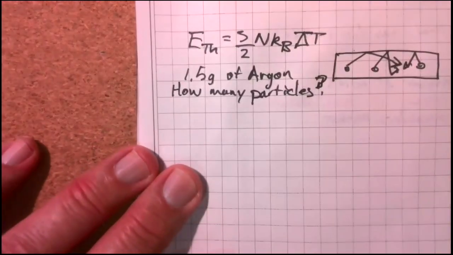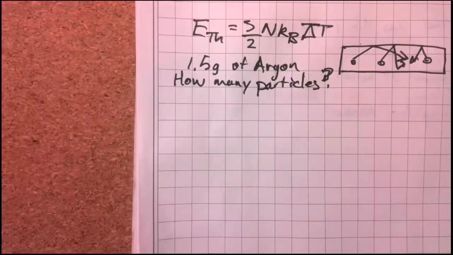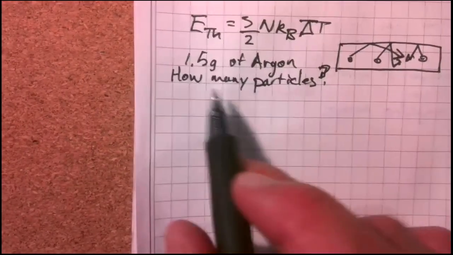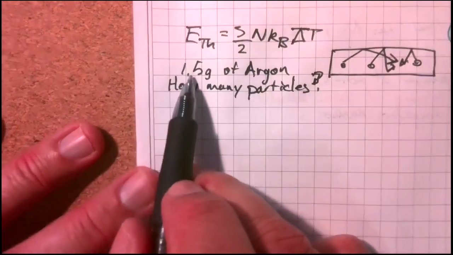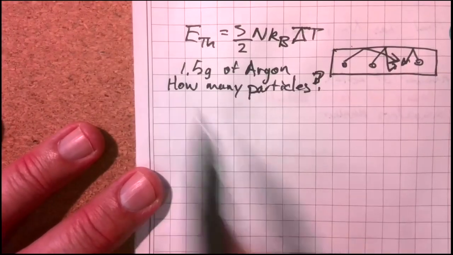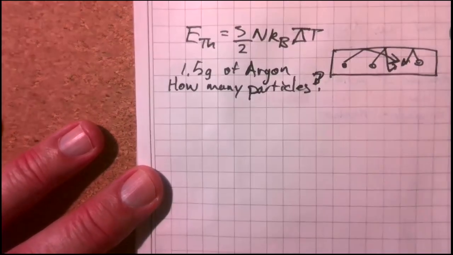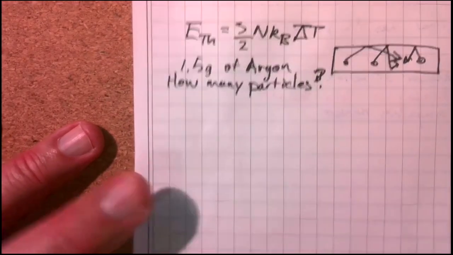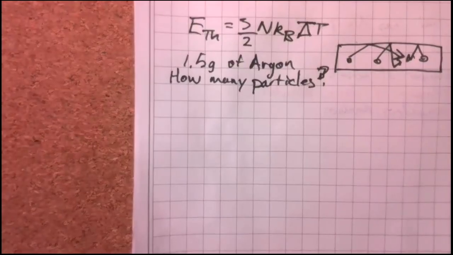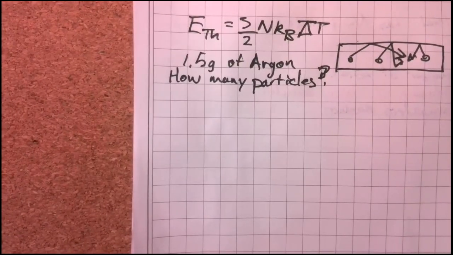Oh my goodness. Well, I'm so glad you asked that because now you have the ability. If I say I have 1.5 grams of argon, how many particles is that? I feel like I'm going to ask that on the test tomorrow.